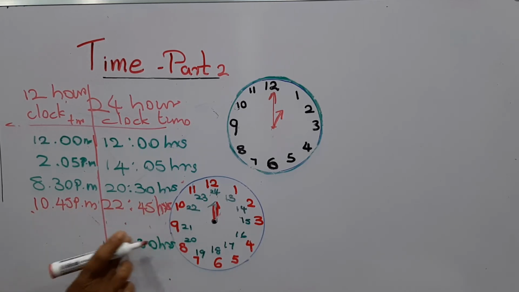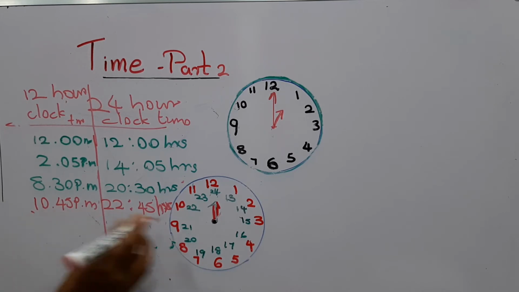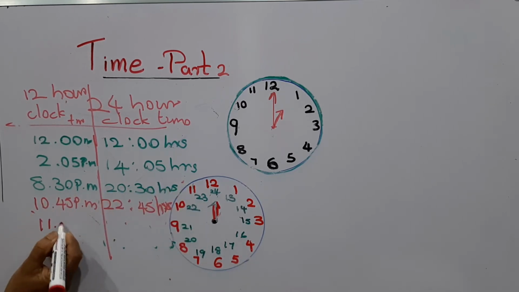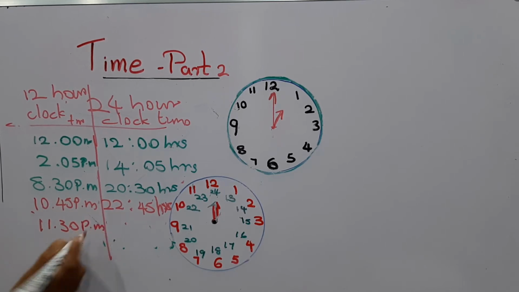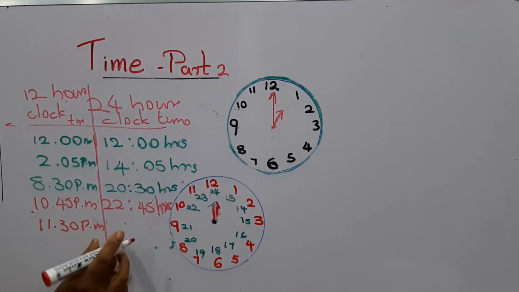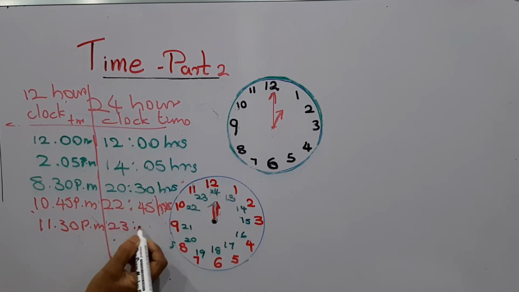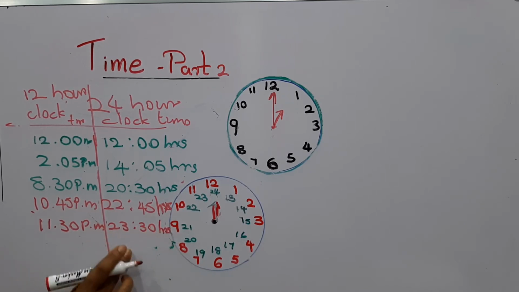Then we'll write 11:30, that is PM. 11:30 PM we write as 11 means 23 hours past and 30 minutes.